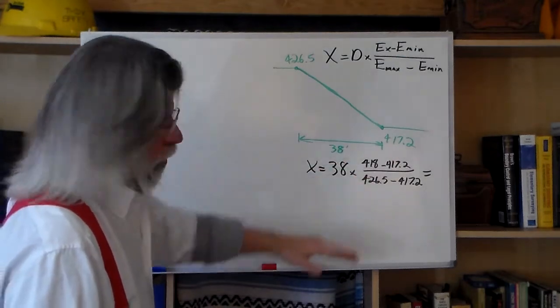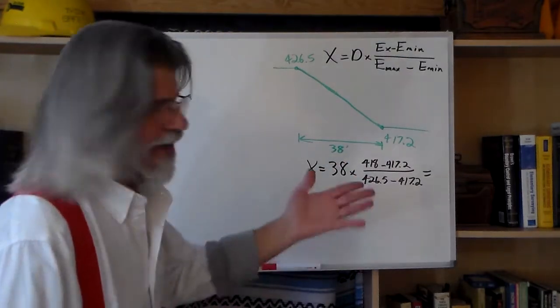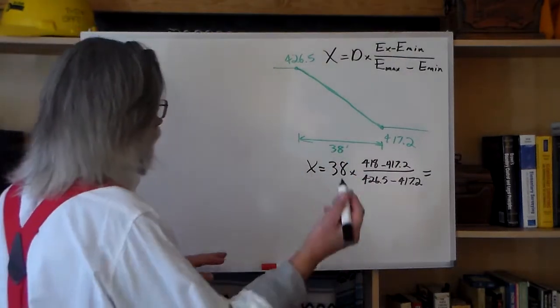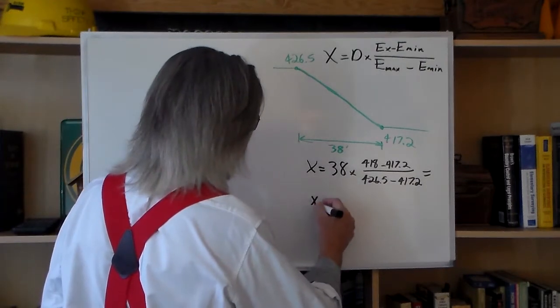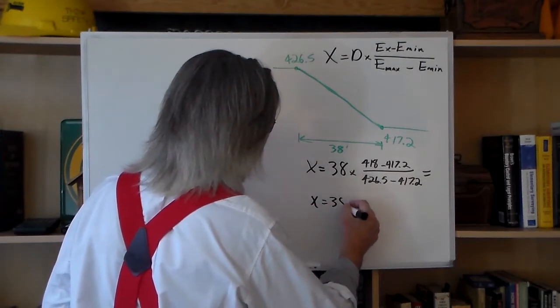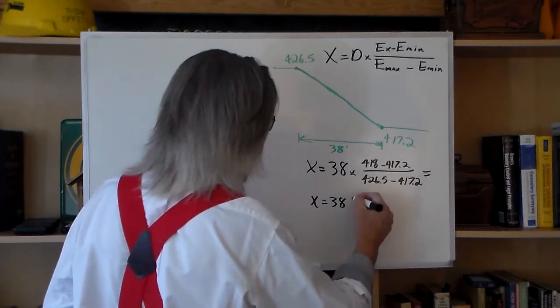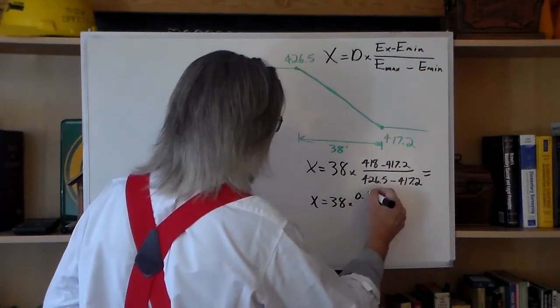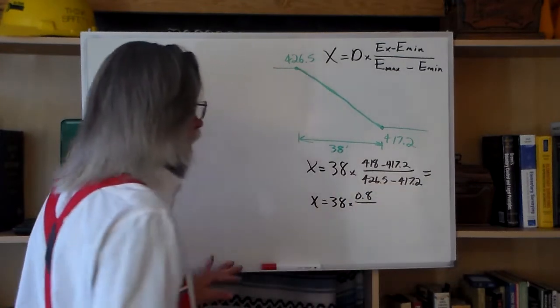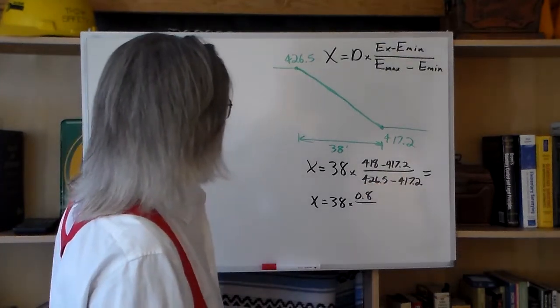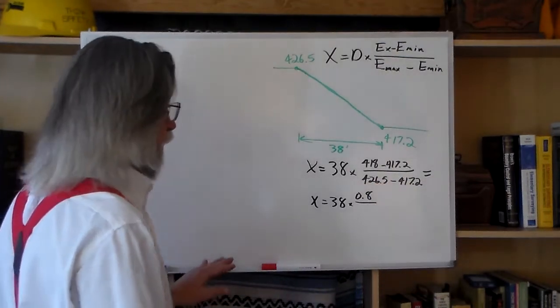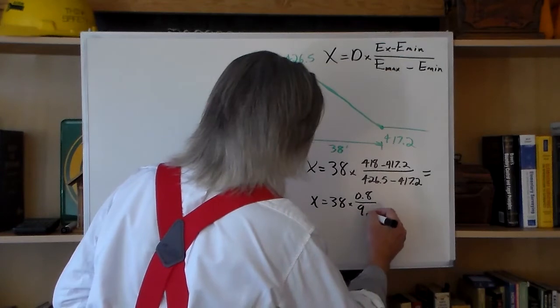We can do the math and we're going to reduce it and write it down below. We don't have that much real estate to work with here. So X is going to equal 38 times 0.8 divided by 9.3.